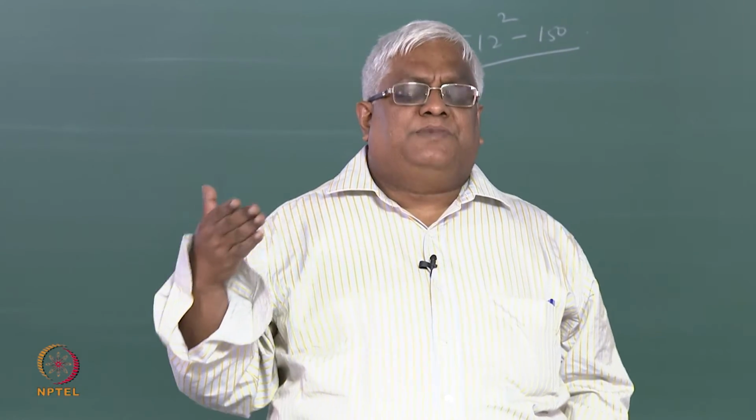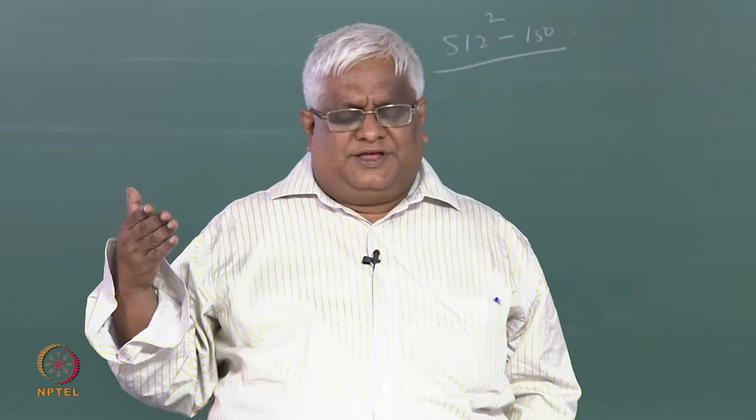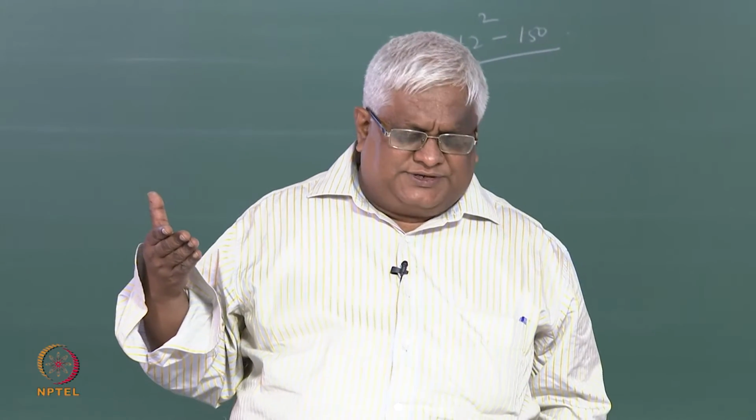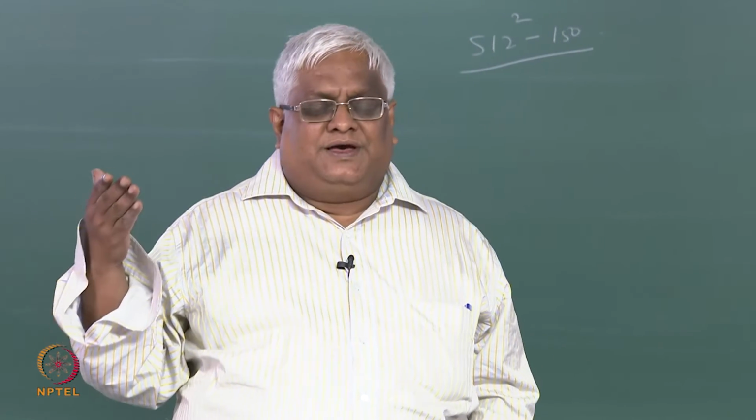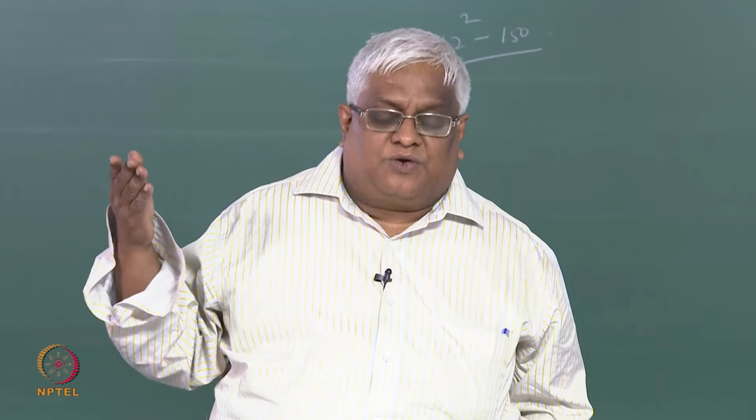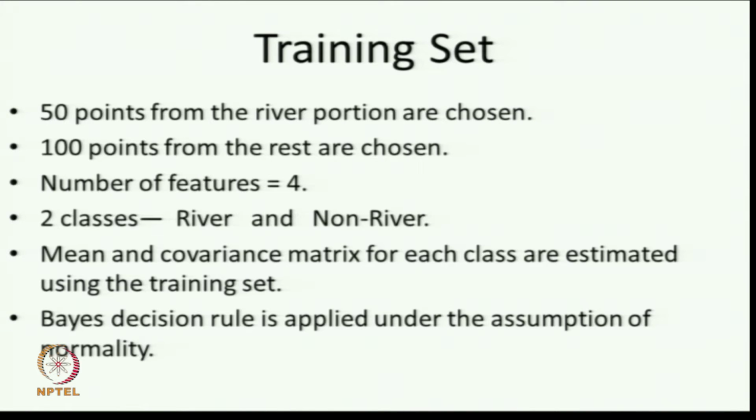So, you calculate the mean of these 50 vectors for the river, and the covariance matrix for the river portion. Similarly, you get the mean and covariance matrices for the non-river portion based on the 100 points. Now, you have the mean and covariance matrices.